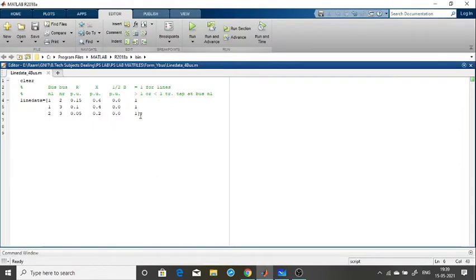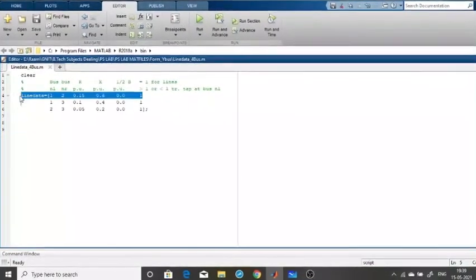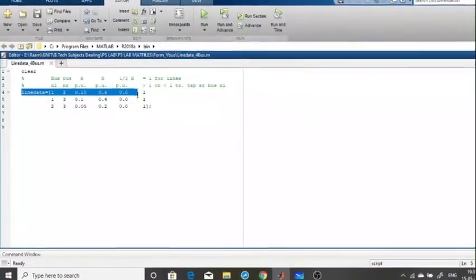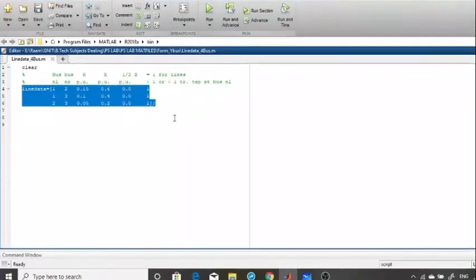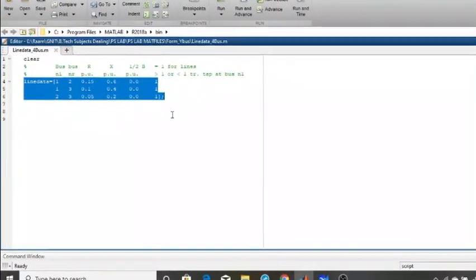So this is the way we are going to write down the input data in terms of line data. Then close the bracket and give a semicolon. So this complete thing is nothing but the input data that we are going to give from the power system network.